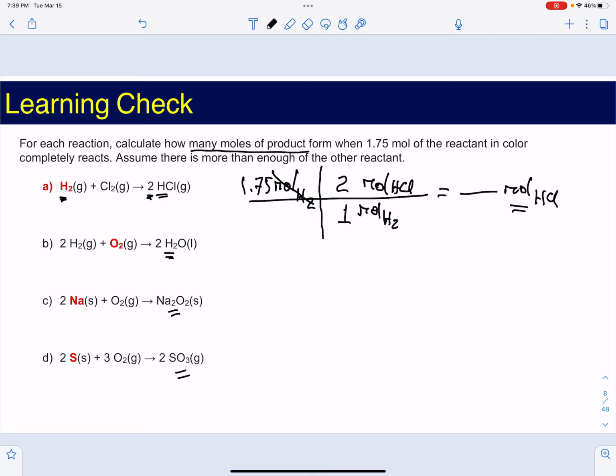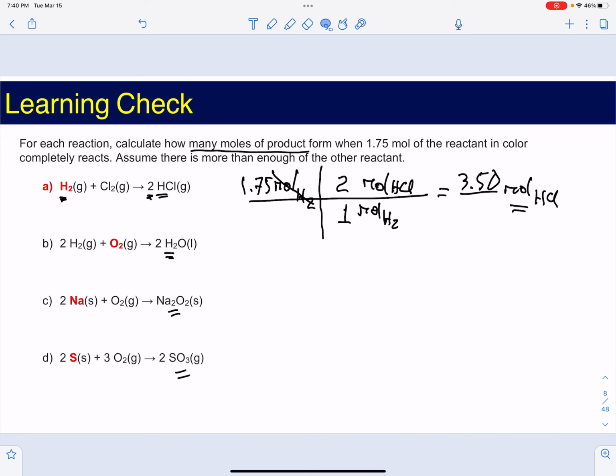Therefore, if I have 1.75 moles of hydrogen gas and everything else is more than enough for it to react 100%, I'm going to get 3.50 moles of hydrochloric acid just by looking at the conversion factor. Let's do the next one.